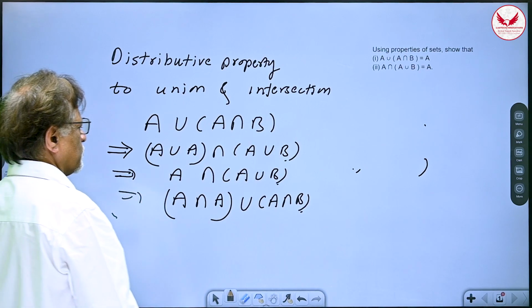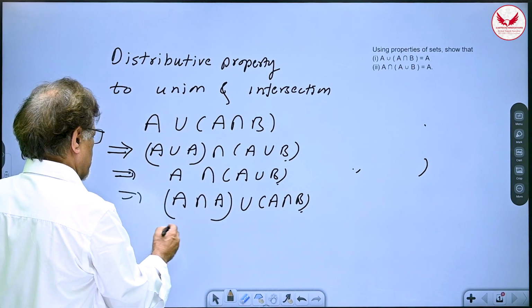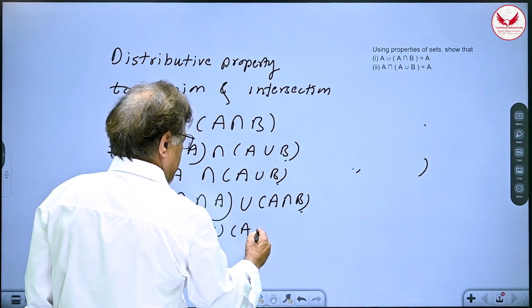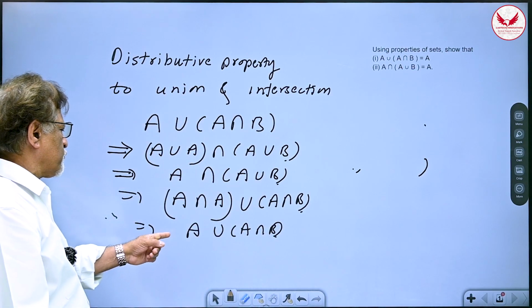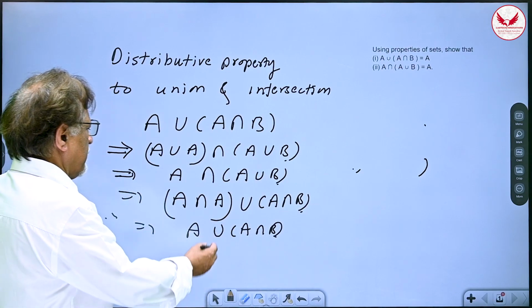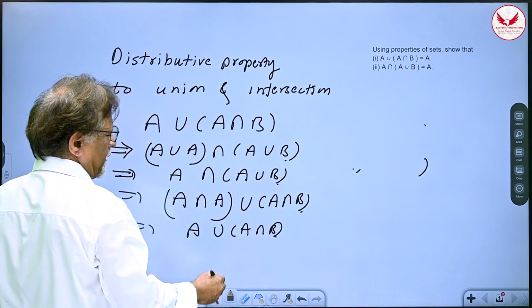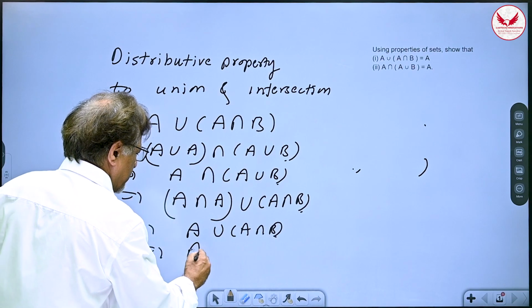So union A intersection B, that means if X belongs to A union A intersection B, then X belongs to A or X belongs to A intersection B. That means in either case X belongs to A. So therefore it is equal to what?